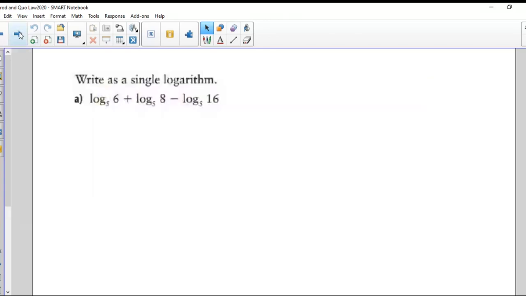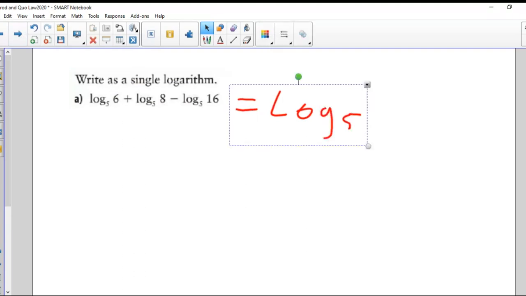So what I have here is a sum and a difference. So what this means is I can write this as the log base 5, remember it has to be the same base, of the two numbers multiplied together, the 6 times the 8, divided by the 16. Okay, the numbers that I was adding together can be multiplied.